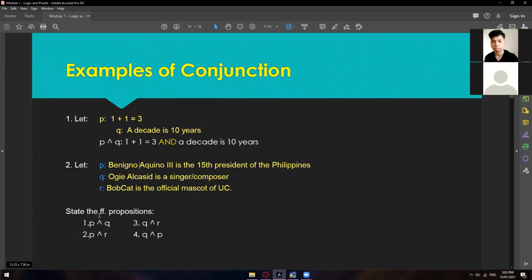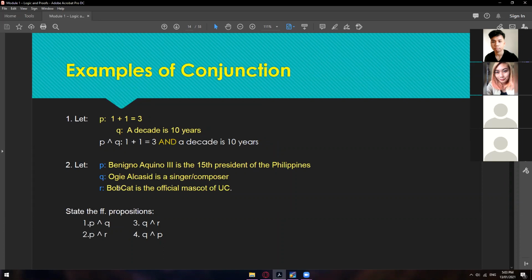Okay, number 2, Miss Paclauna. Benigno Aquino III is the 15th President of the Philippines, and Bobcat is the official mascot of UC. Okay, so di ba? Sobrang dali. Number 3, Miss Ian Cariel.